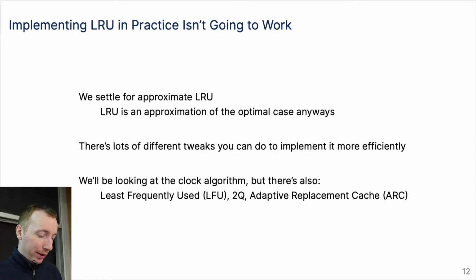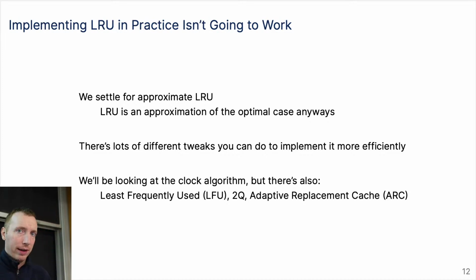So what we're going to do is settle for an approximate least recently used, and that is generally okay because least recently used is an approximation of the optimal case anyway. So an approximation of an approximation is exactly what makes good engineering. There are lots of different tweaks you could do to implement it more efficiently.